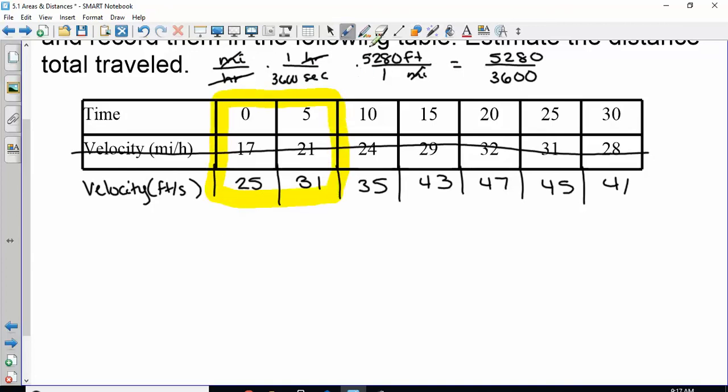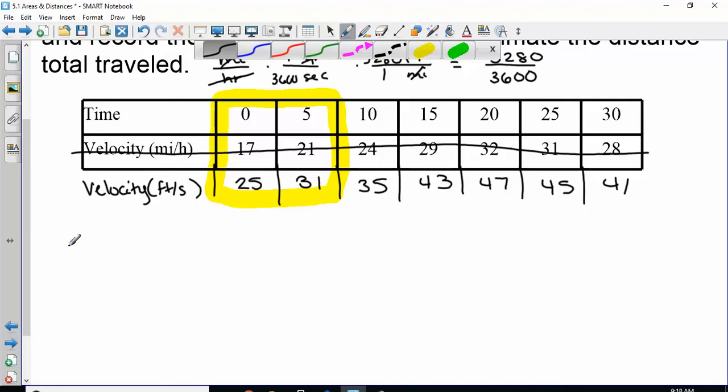If I wanted to estimate how far we drove in the first 5 seconds, was I going the same speed at the beginning and end of that 5 seconds? No. So I could either give you an estimate based off the speed at the beginning, assuming we're traveling 25 the entire time, or an estimate based off the ending speed and assume we're traveling 31 the entire time. Will either of those be accurate? No, but the true answer should be somewhere in between them, just like the over and under approximation. That's essentially what we're going to do.